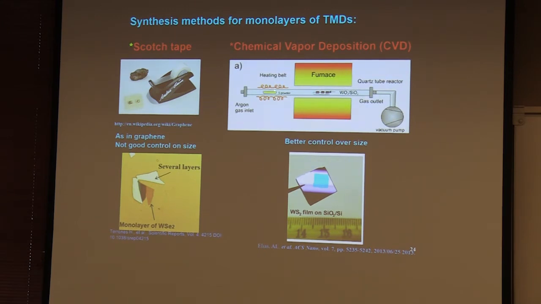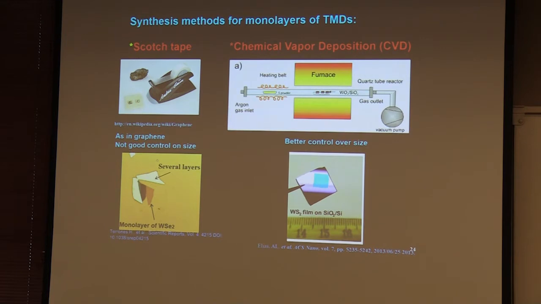And then you put the chalcogen atom, so you put a transition metal oxide here, you put your chalcogen powder here, sulfur or selenium. You heat this independently because the temperature here is around 900 Celsius. The temperature here should be around 200, 250, just to evaporate the sulfur, and then you have argon here that carries the sulfur to this place where it is being heated, and there is a reaction.